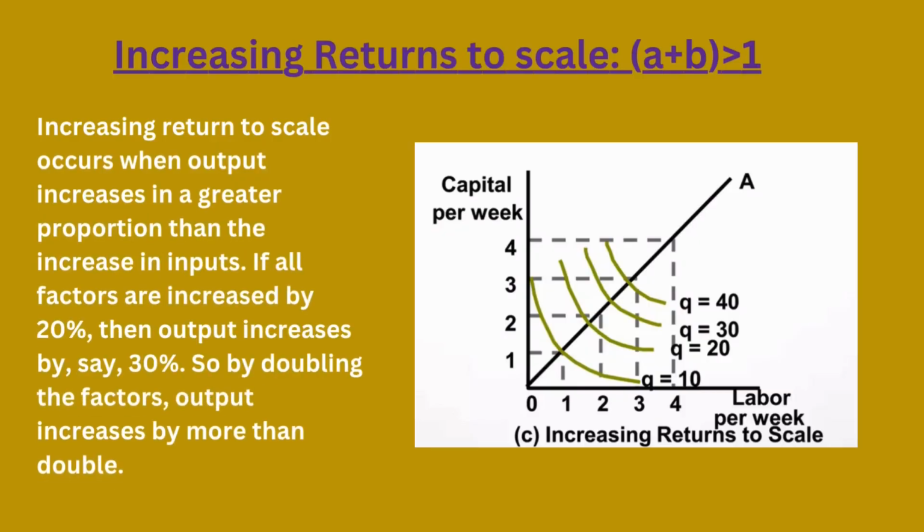After that, we see increasing returns to scale, which occurs when output increases in a greater proportion than the increase in inputs. If all factors increase by 20%, the output increases by say 30%. So doubling the factors, output increases by more than double. So this is our graph with capital and labor, showing the increasing returns to scale.